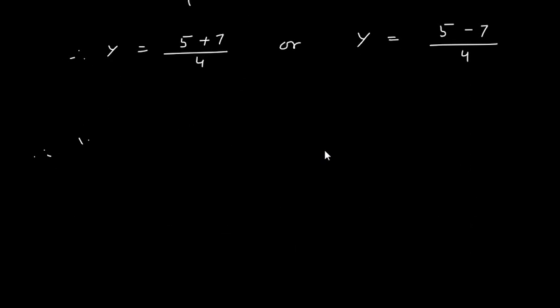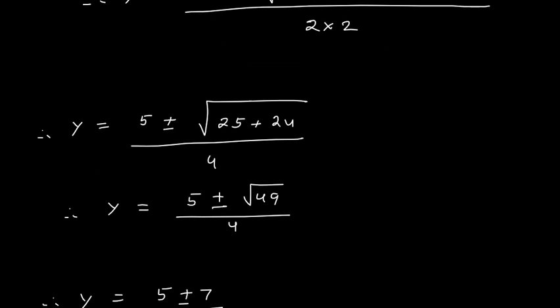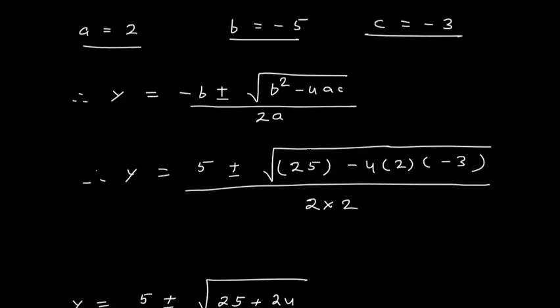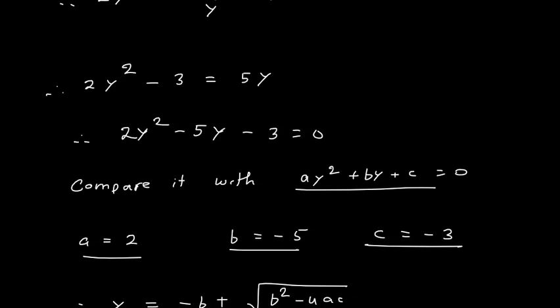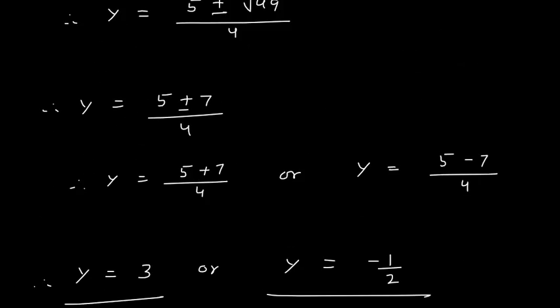So from here we have y is equal to 7 plus 5, 12, 12 upon 4 is 3, or y is equal to 5 minus 7 is minus 2, minus 2 upon 4 is minus 1 upon 2. So two values of y we are getting. Therefore, now y, for what value did we assume y? Y is, if we see, 2x minus 1 upon x plus 3.